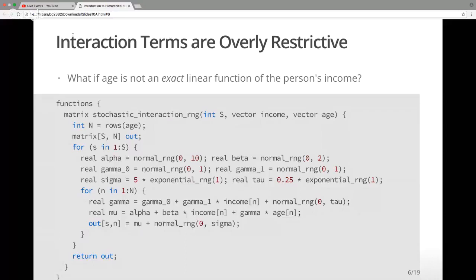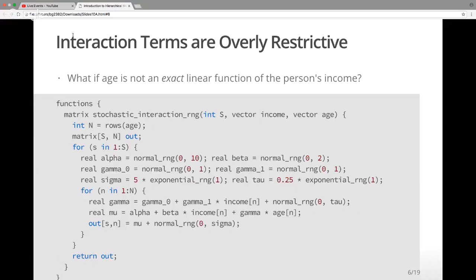So when we loop over observations, we create the gamma for the nth person as gamma 0 plus gamma 1 times the income of the nth person plus a random normal error in the coefficient for age, that is centered at 0, but has standard deviation tau.